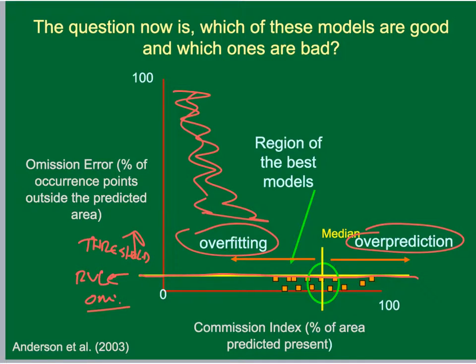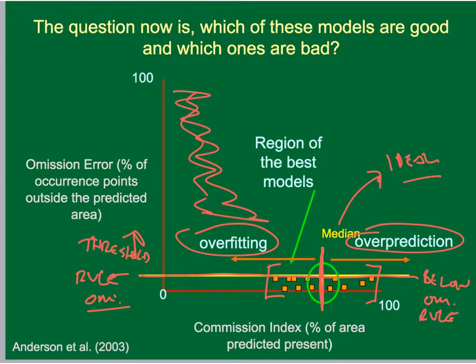The next order of business is to then identify the median value of commission for those models that are remaining below that omission rule. And then we'll select some proportion of those models to be our best subset. So after extensive experimentation, it was agreed upon that the median value would be the closest to the ideal commission for a good model.